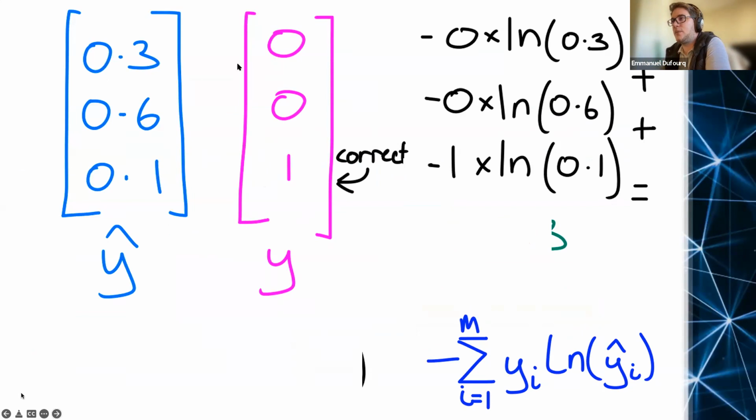Now let's take a look. Our model has produced a probability of 0.3 for this class, a probability of 0.6 for this class, and a probability of 0.1 for this class.